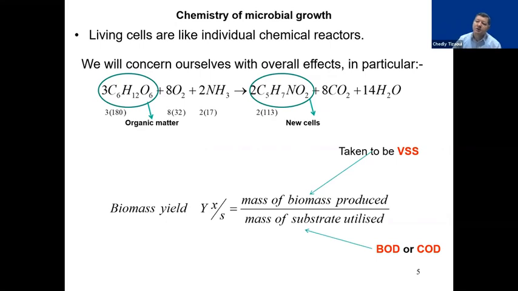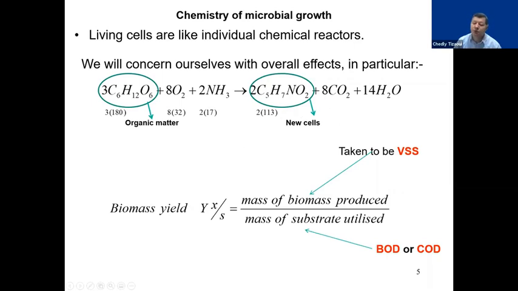Briefly, we're not going to go in deep into the chemistry of the microbial growth, but simply you could look at it as a chemical reaction where it involves the use of organic matter, for example, represented here by sugar, and you require oxygen and certain nutrients, for example, ammonia or a source of nitrogen, etc. And in the presence of microorganisms, all that organic matter in the form of, for example, a glucose molecule there, will form new cells.